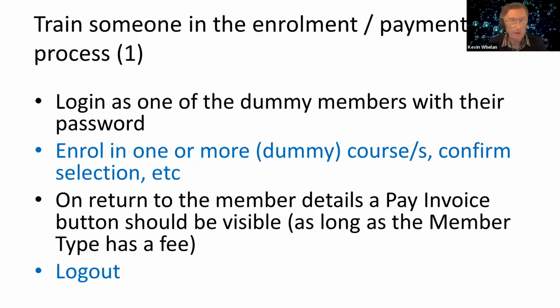Log in as that member number, enroll in the course or one or more courses, confirm that selection. On return to the member details, the pay invoice button will be visible. It's a blue button. And then you can click on that and see what the member would see in terms of bringing up the invoice.